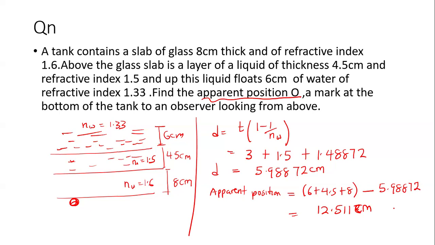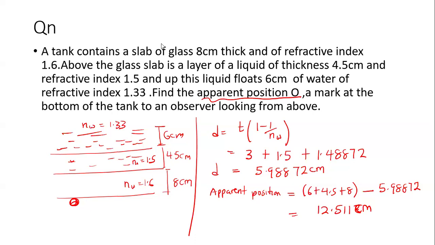Now, members, one thing you need to check is the wording. The first one was asking for apparent displacement; this is asking for apparent position, which is equivalent to the apparent depth, so you had to subtract. Many of you reached the apparent displacement but have not concluded what the apparent position was.